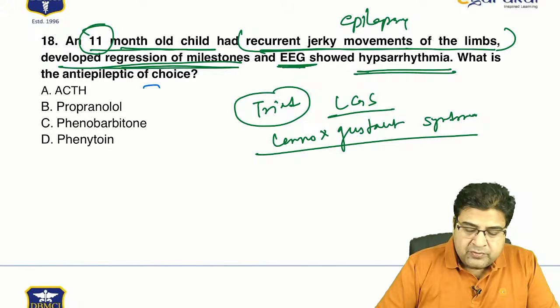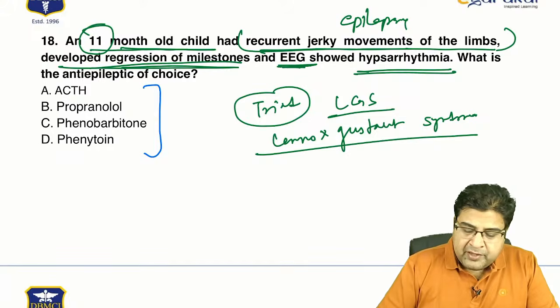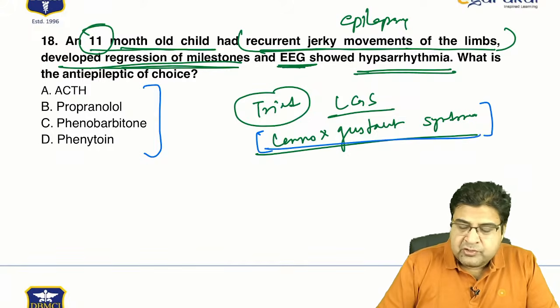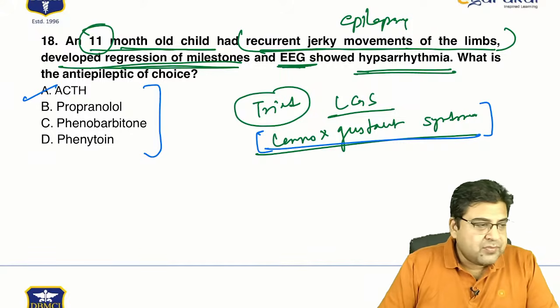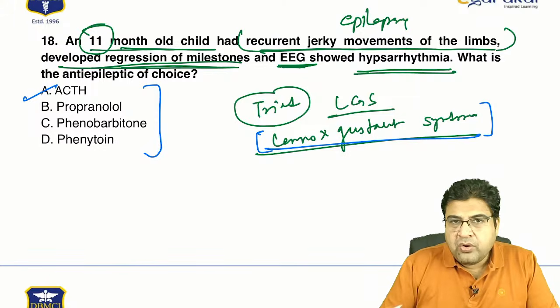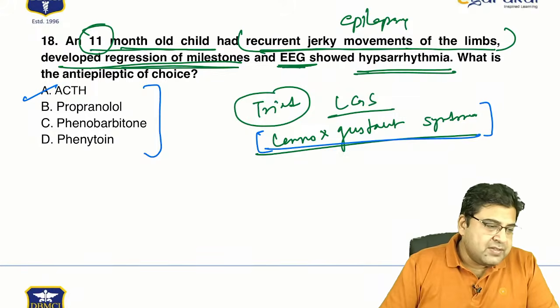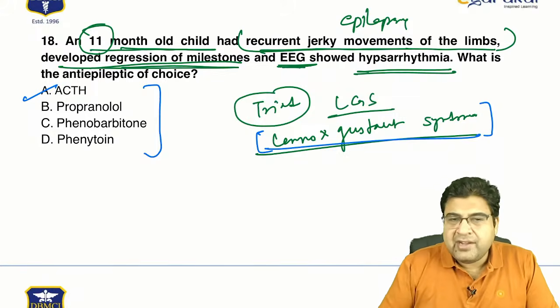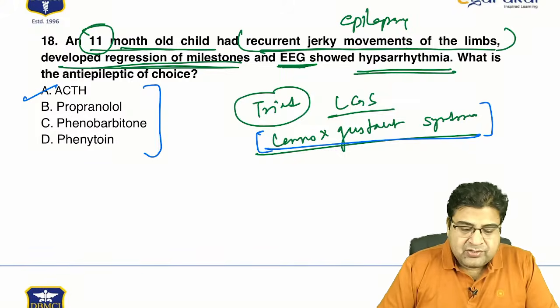But out of this, which medicine would you choose? If I consider this the case of Lennox-Gastaut syndrome, considering the triad, out of these four, ACTH I can choose. Although this medicine is given mainly for infantile spasm, it can also be tried for Lennox-Gastaut syndrome, right? So ACTH will be the better answer.